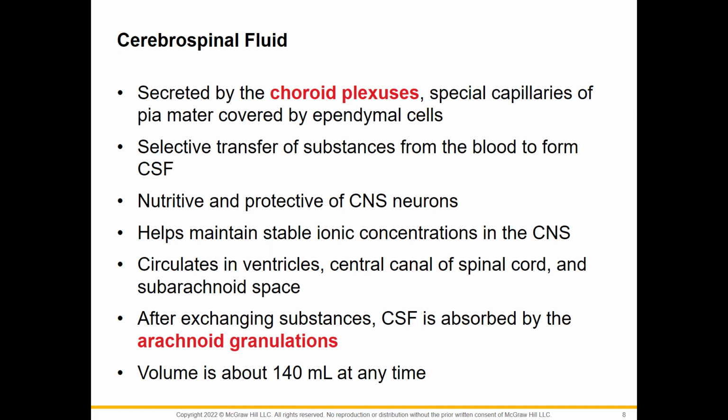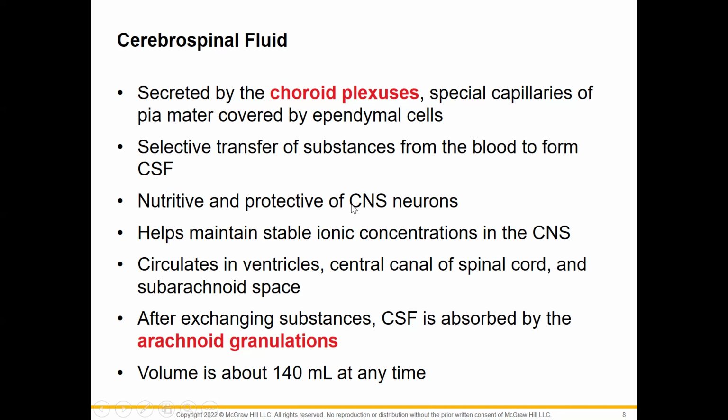Even though we would like to think that all the fluid and all the materials that are dissolved in our bloodstreams is healthy and safe for the brain, because the brain and the spinal cord are so delicate, not even everything in the blood is supposed to be interacting with the brain tissue. So the ependymal cells will take the blood and pull certain parts of the blood out to create cerebrospinal fluid.